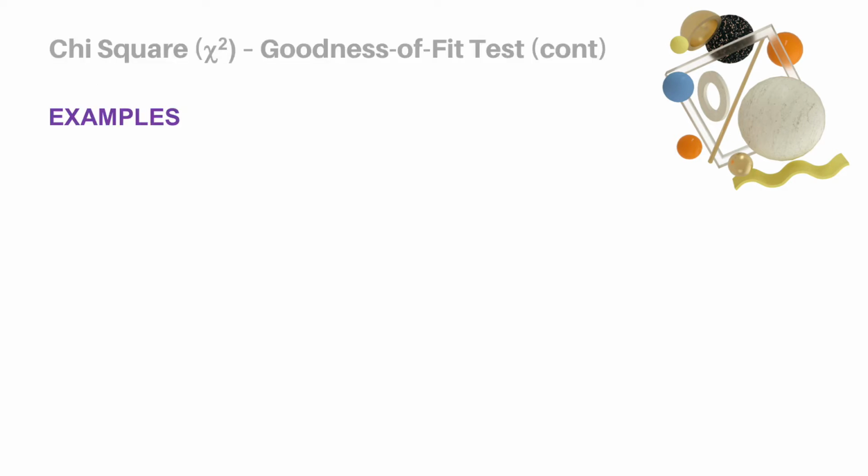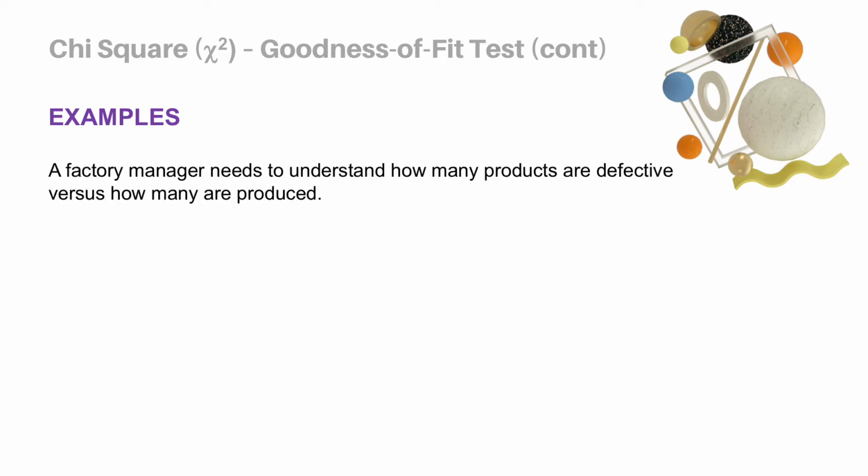Now let's have a look at what kind of scenarios require the use of goodness of fit test. The first example is given here. A factory manager needs to understand how many products are defective versus how many are produced. In this scenario, we can see that there are two types of samples that need to be compared.